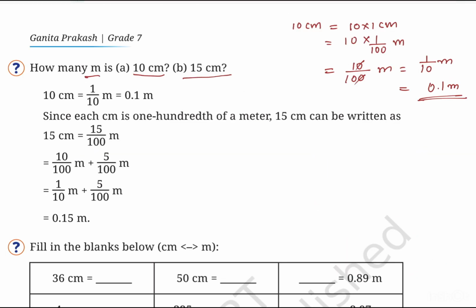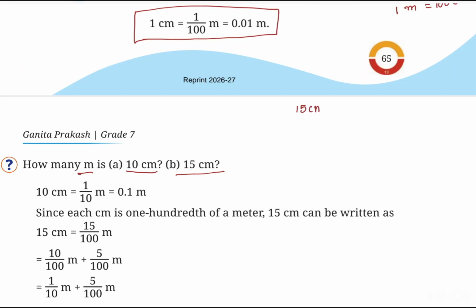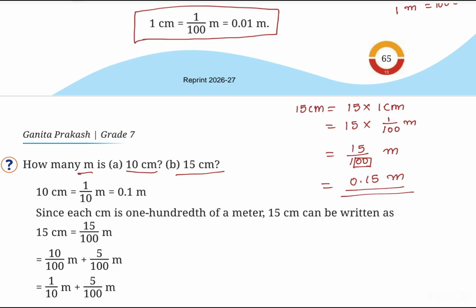Next we have 15 centimeter. 15 centimeter can be written as 15 times 1 centimeter, and 1 centimeter means 1 by 100 meter, that is equal to 15 by 100 meter. So we have 0.15 meter. Here two zeros are there, so it will make two decimal places.